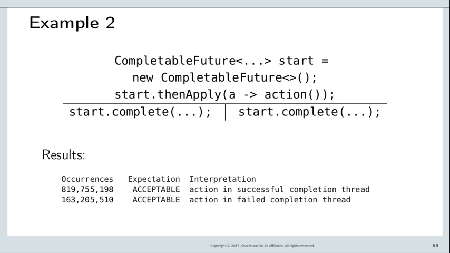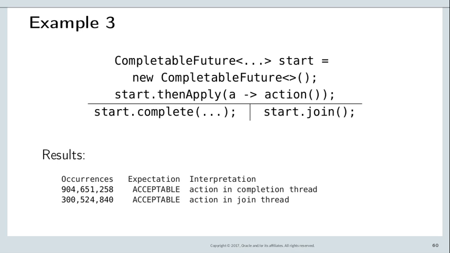The complete method of CompletableFuture returns a boolean, just to tell us if completion was successful or not. And I realized here that in case of such a racy situation, my action could be executed not only from the successful completion thread, but even the failed completion thread could perform some of my actions from my chain attached to CompletableFuture.